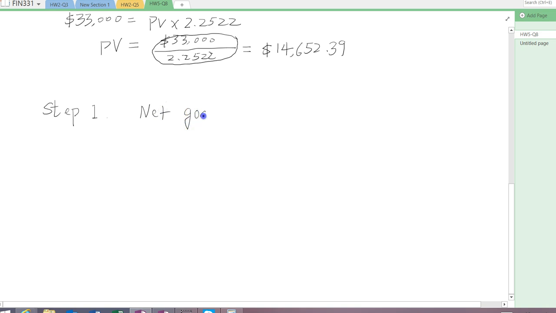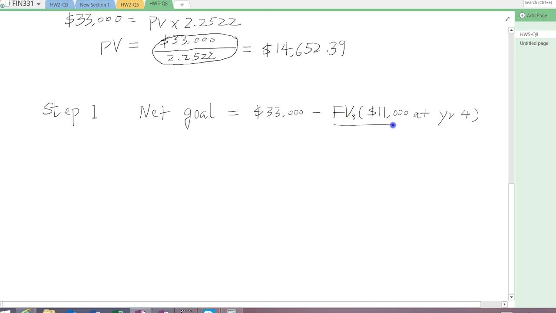The net goal, as we said, equals the $33,000 minus the future value, compounded for 8 years, of this $11,000 which you expect to receive by year 4. Let me write this down more clearly.